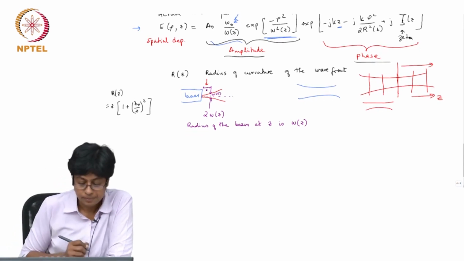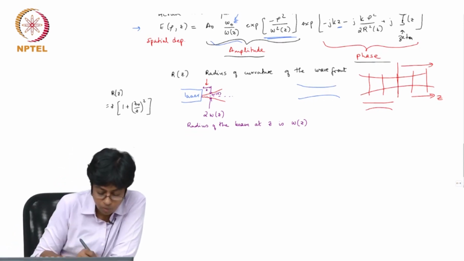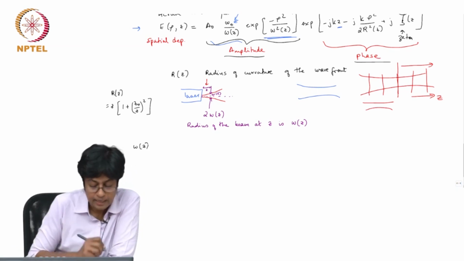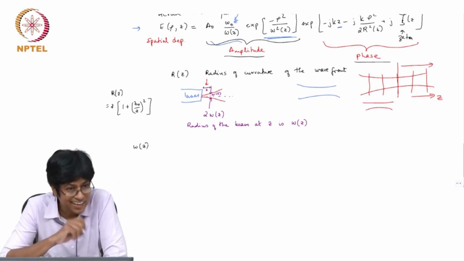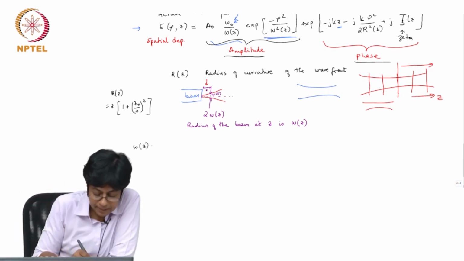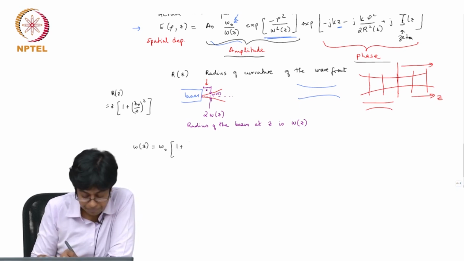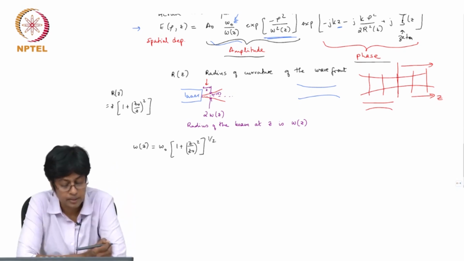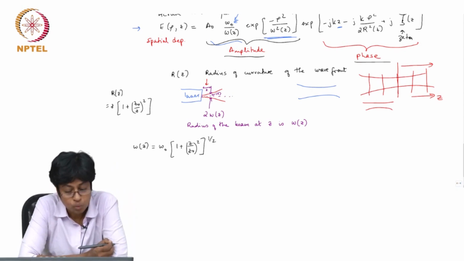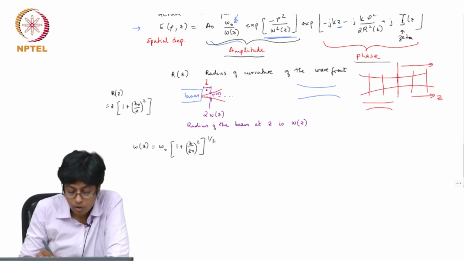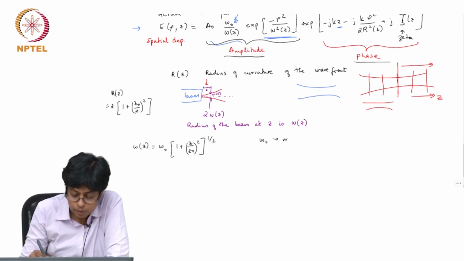Okay, we also have omega of Z, and now we already know this is the radius of the beam, but I can write it in terms of the minimum spot, okay. So what is omega naught? Omega naught is the minimum spot size.